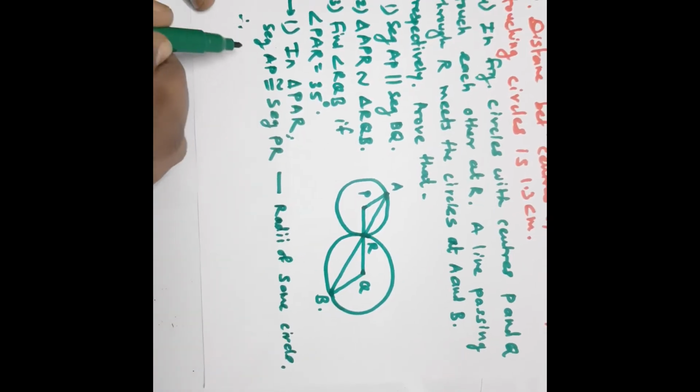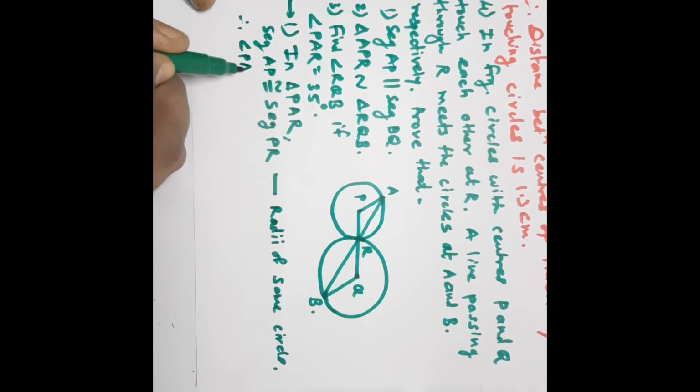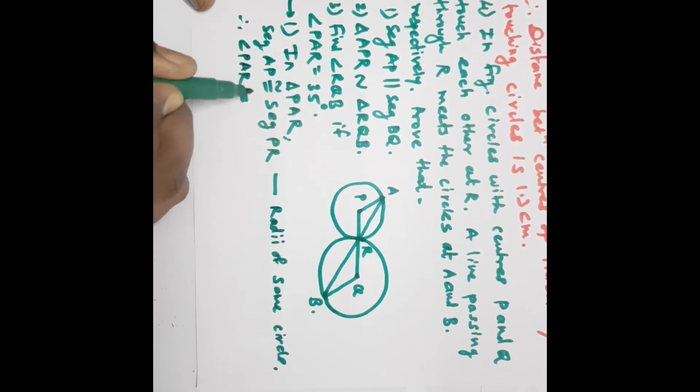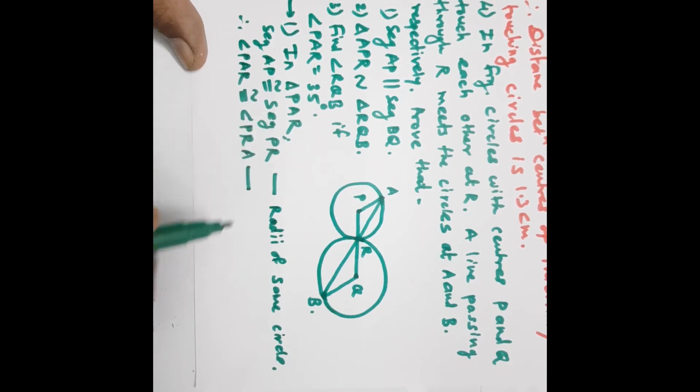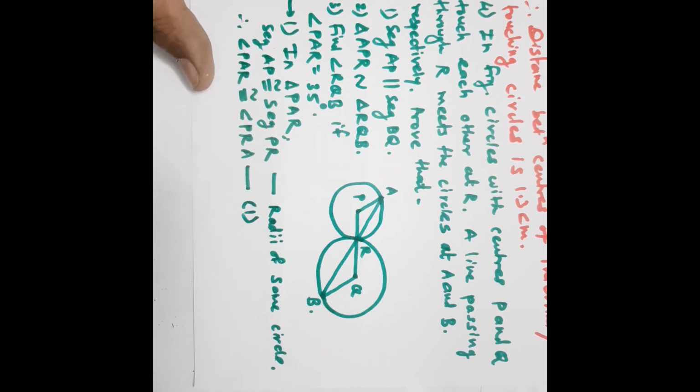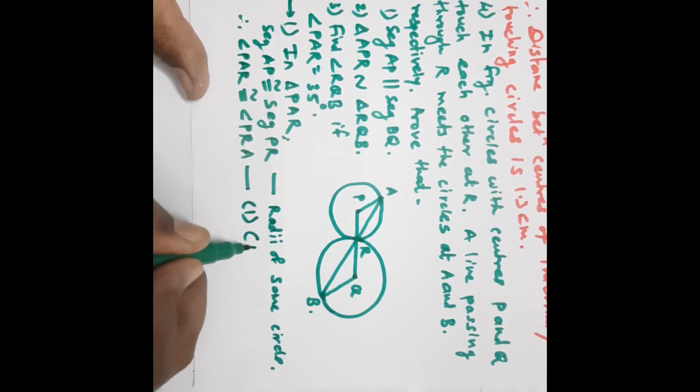Therefore, angle PAR is congruent to angle PRA, by the isosceles triangle theorem.